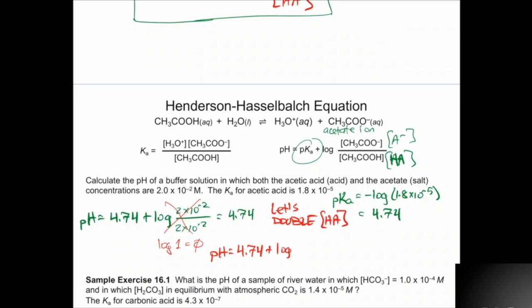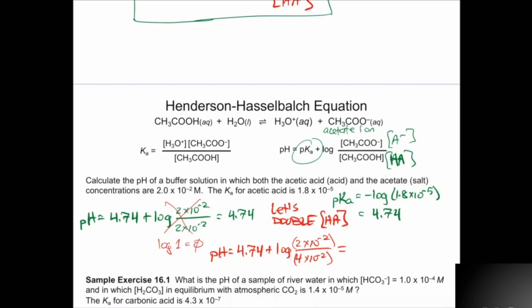We haven't changed that. So that's going to be 2 times 10 to the minus second. But now we're doubling the HA, so that's going to be 4 times 10 to the minus second.